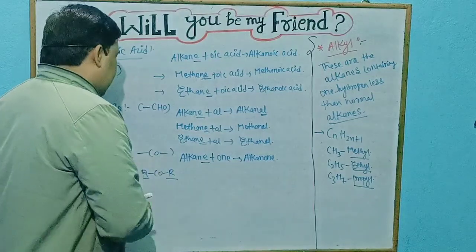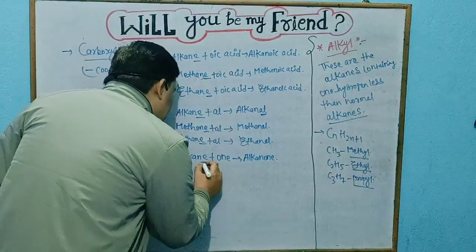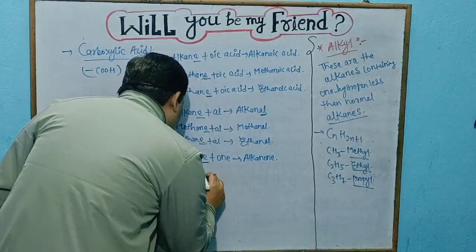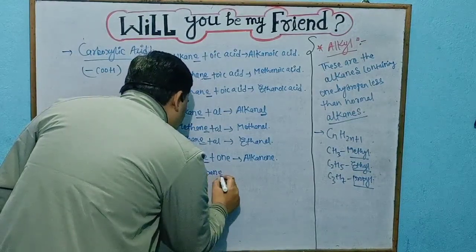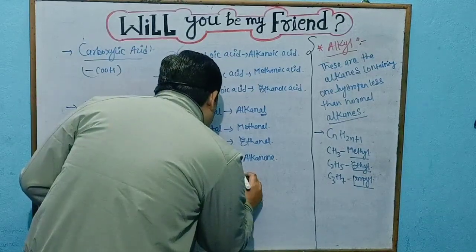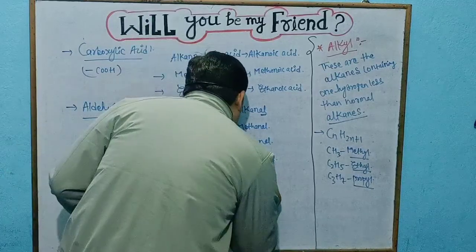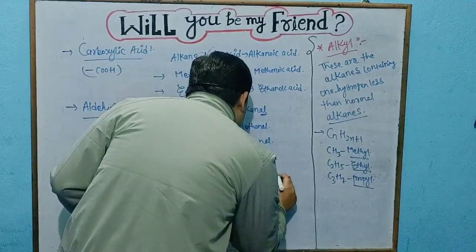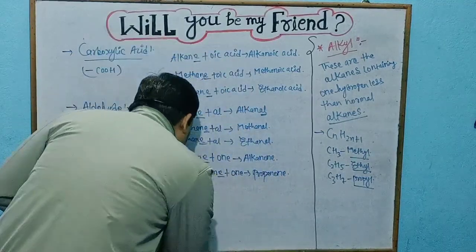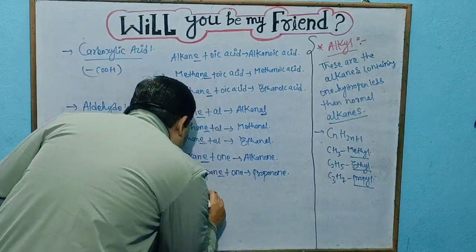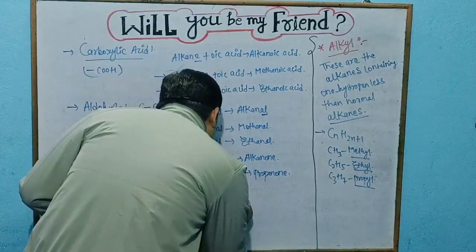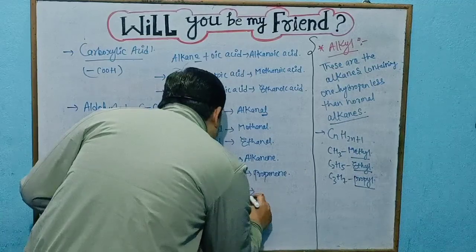So it is named by replacing E of alkane and adding ONE to it. So it starts from propane. We replace E of propane and add ONE to it, it becomes propanone. The next one is butane. So replace E of butane and add ONE and it becomes butanone.